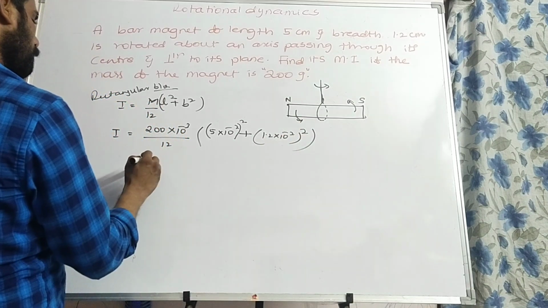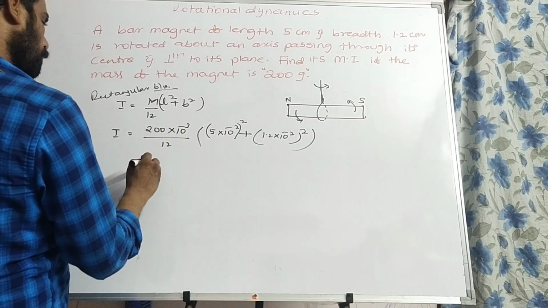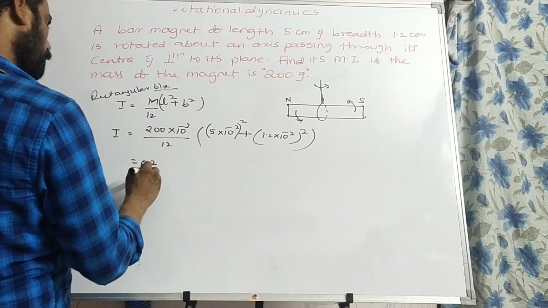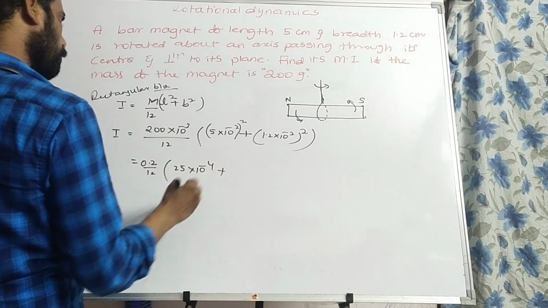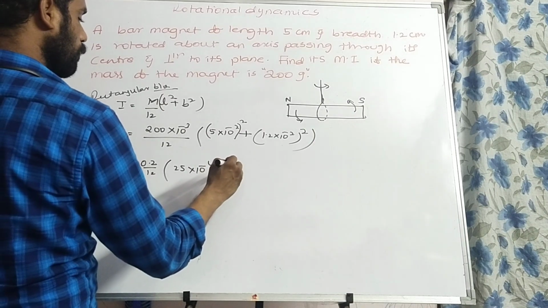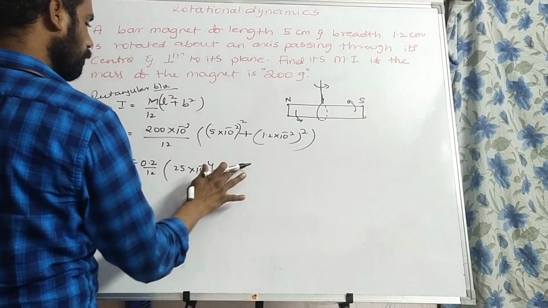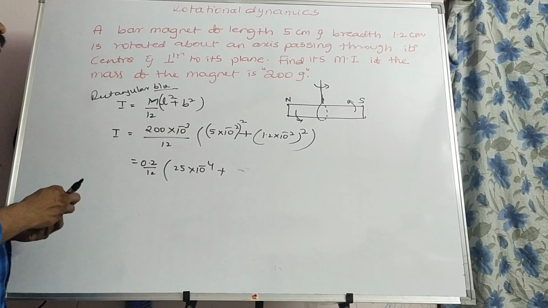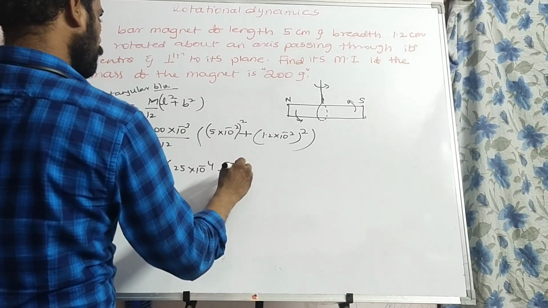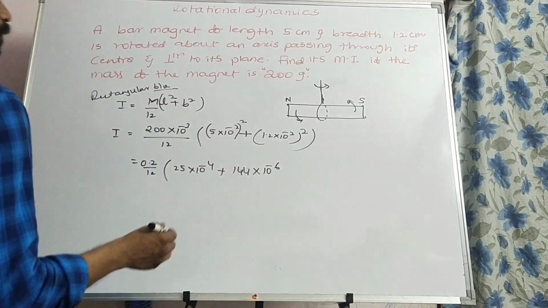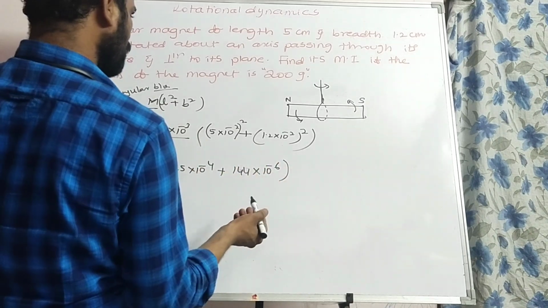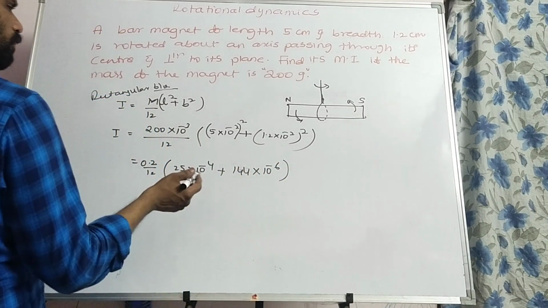So that is equal to 0.2 by 12 into 25 into 10 to the power of minus 4 plus 144 into 10 power minus 6, that is nothing but 1.44 into 10 to the power of minus 4.